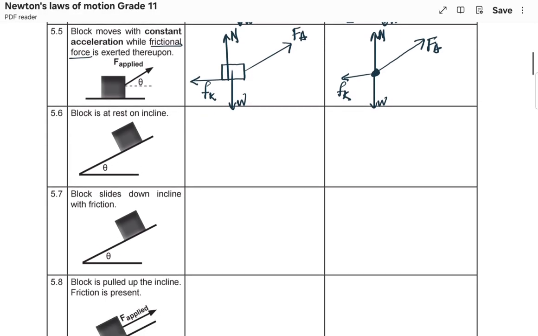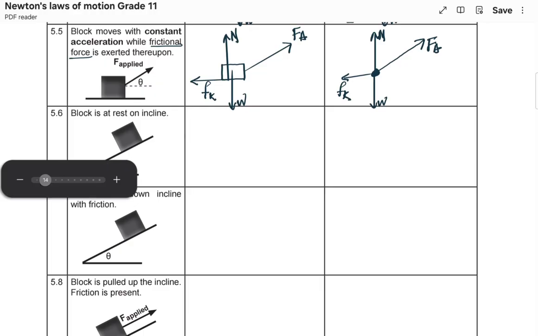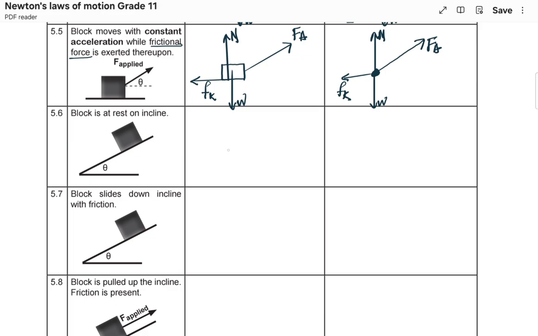Okay, so this one is an incline. The block is at rest, it's on an incline. It's a box free body diagram. The free body diagram, then I'll be having the box, so it's an inclined plane.